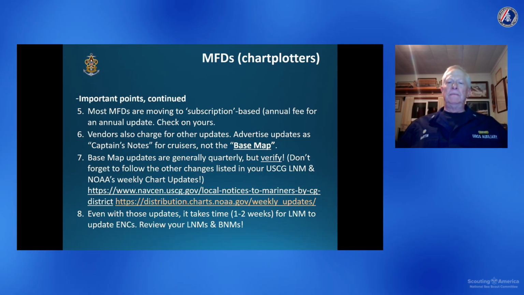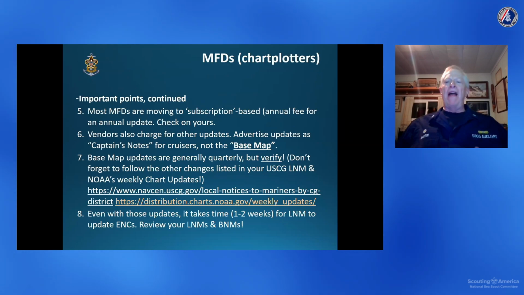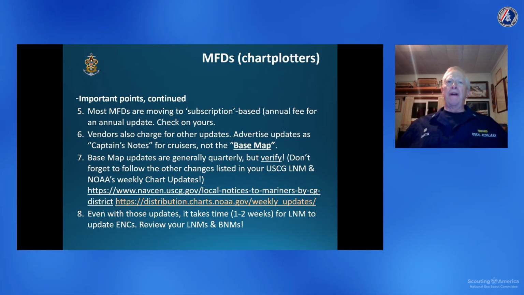One of the things that they can do is provide update service, which means that they will provide, for a cost, critical corrections from the Coast Guard, from the local notice to mariners.